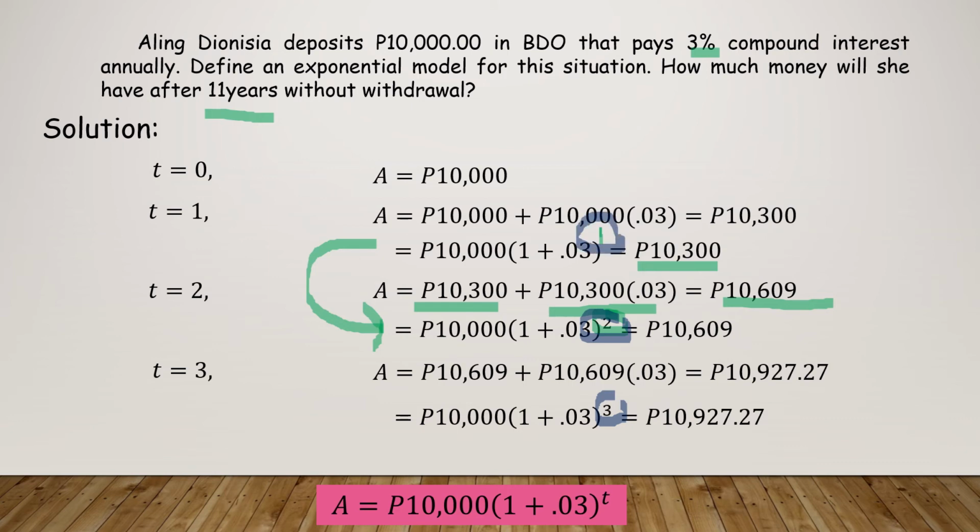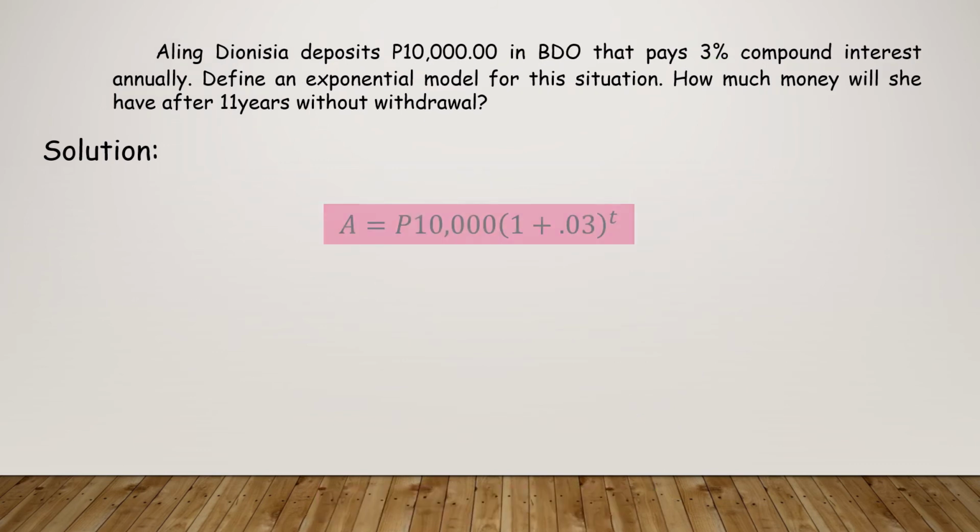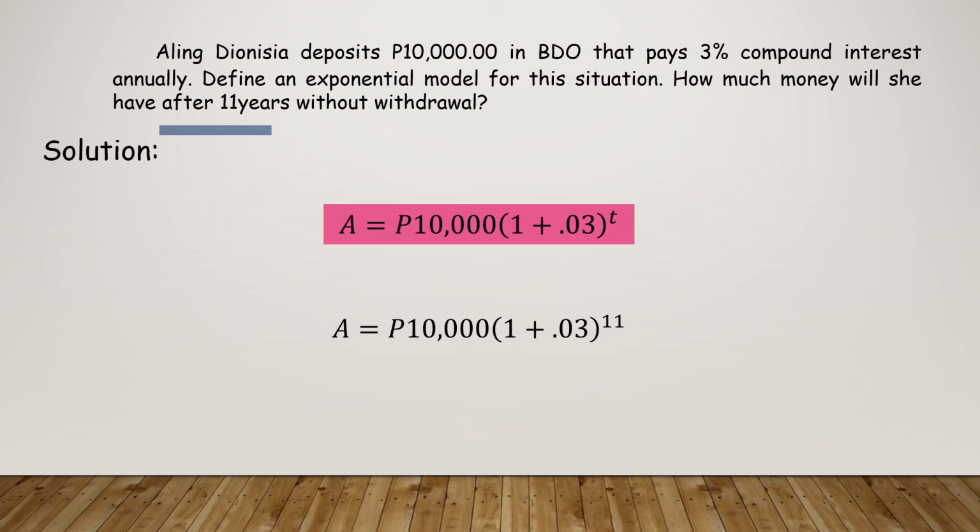So, ang magiging model natin, amount is equal to 10,000 pesos times 1 plus 0.03 raised to t, which is the time or year. So, ang hinahanap natin ay after 11 years without withdrawal. Substitute lamang natin sa nakuha nating model kanina ang time, which is 11.